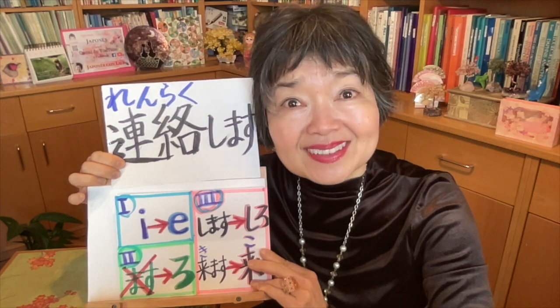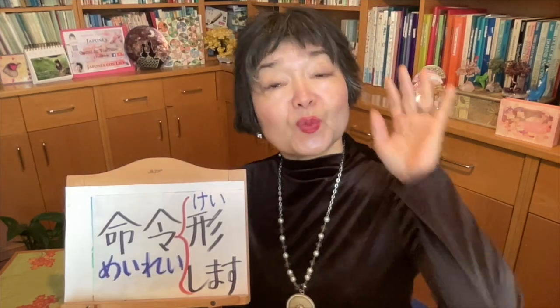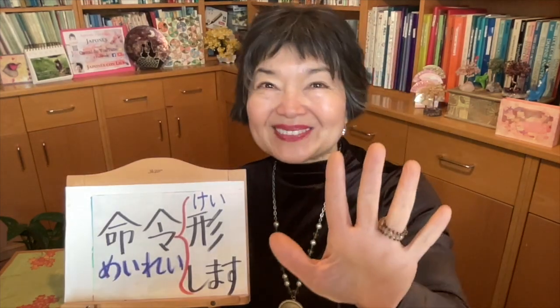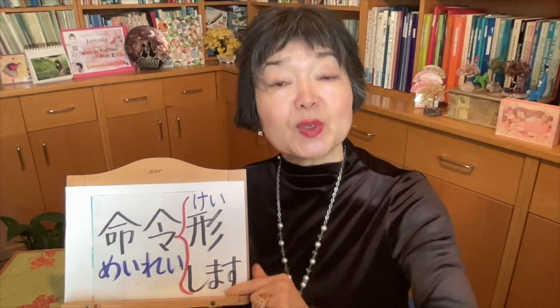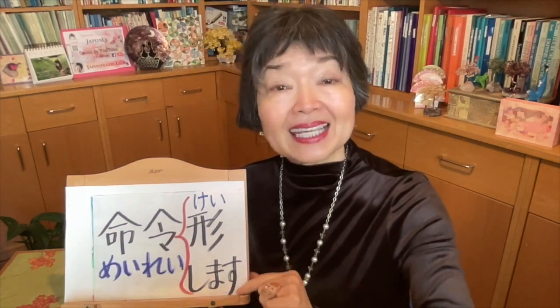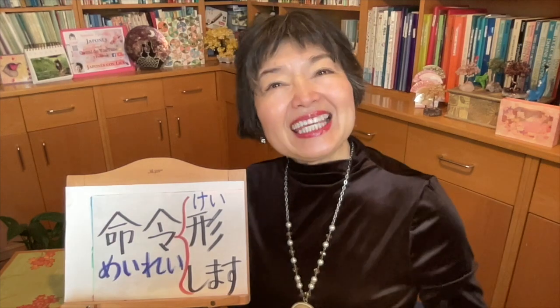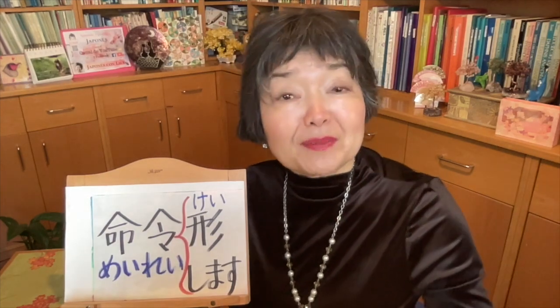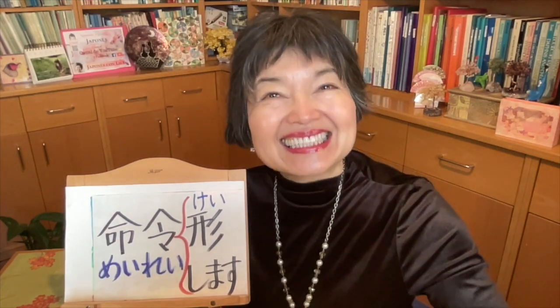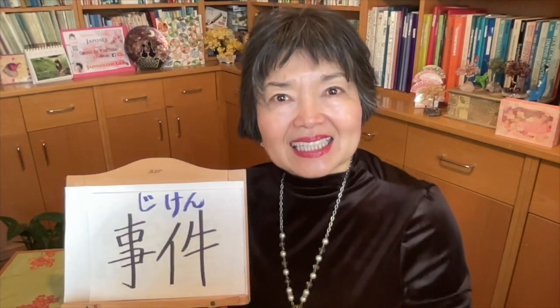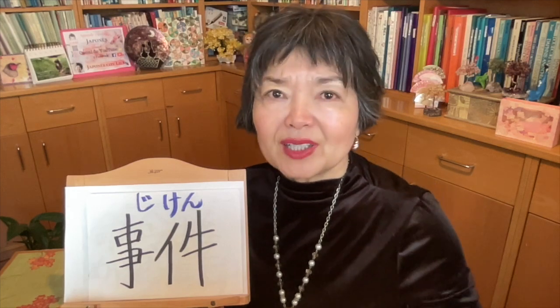Now a quiz time with 5 translations into Japanese, always using 命令形, imperative forms. I explained all of the verbs that you must use in this small quiz. 1番目, investigate this case, incident, murder.